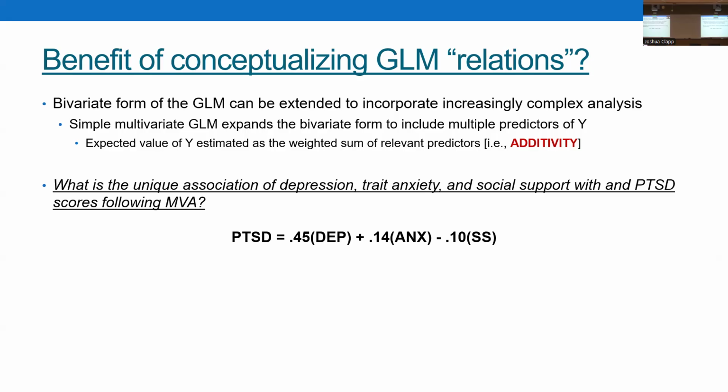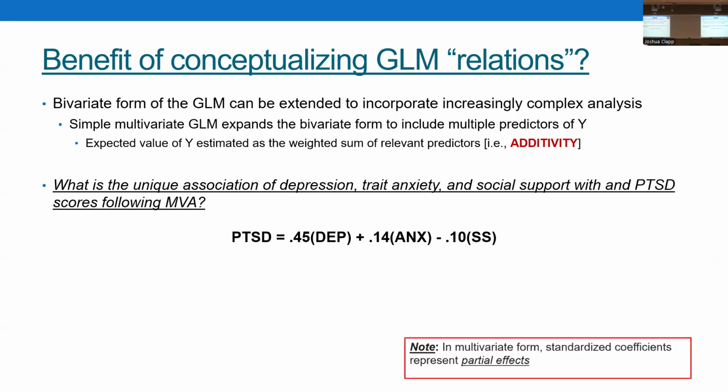What I'm doing here is including and estimating the weighted quality of my predictors: my measure of depression, my measure of anxiety, and my measure of social support. All three of those can go into my model. And what my model is giving me is the unique effect of each of these after we're controlling for how these things relate to one another. Okay. And we'll end up doing a lot of Venn diagrams to illustrate what this looks like in function.